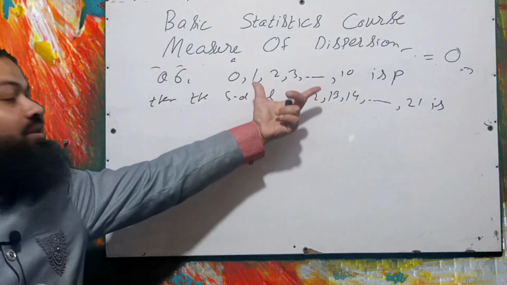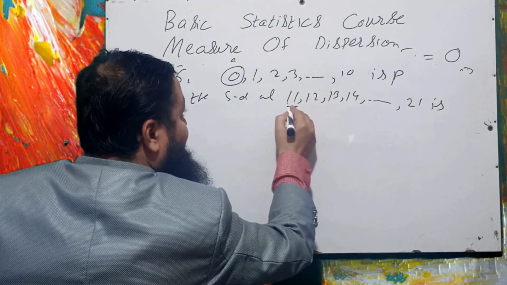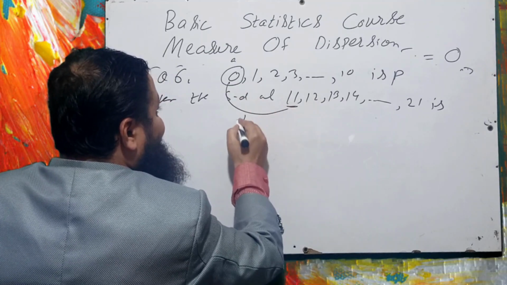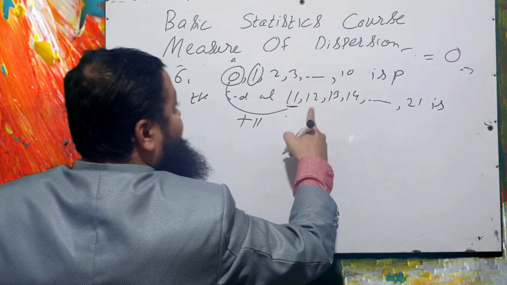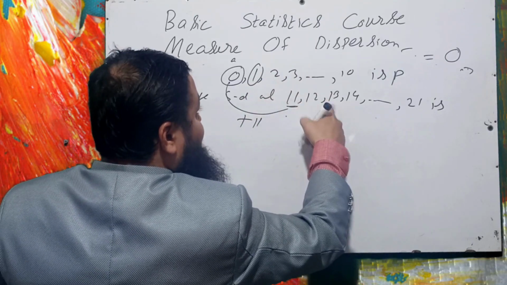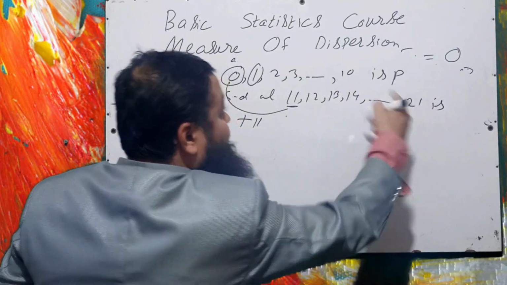Dear students, you can see very clearly the previous observation was 0, but the new one is 11. Actually 0 plus 11 is 11, 1 plus 11 is 12, 2 plus 11 is 13, 3 plus 11 is 14, 10 plus 11 is 21.